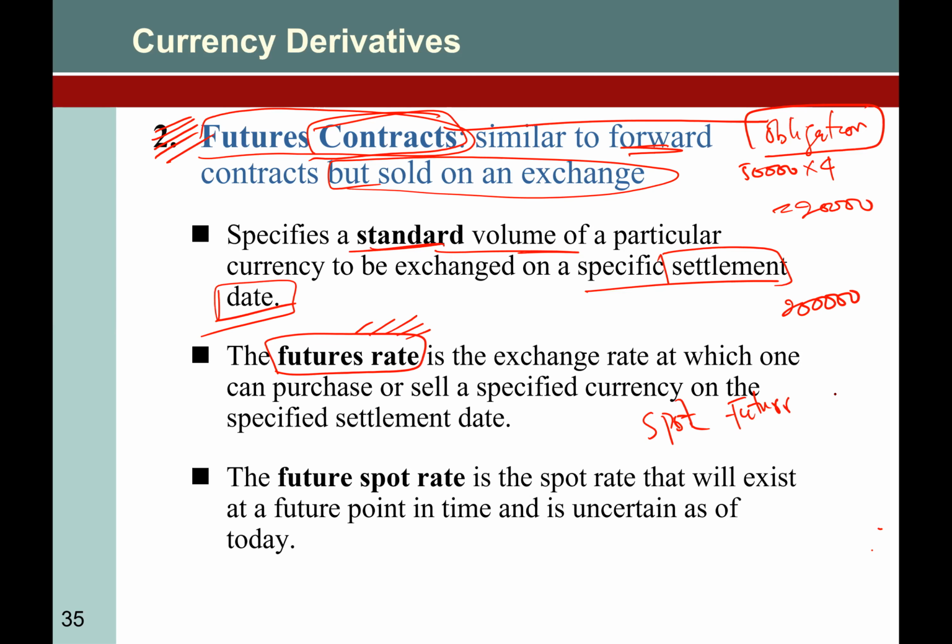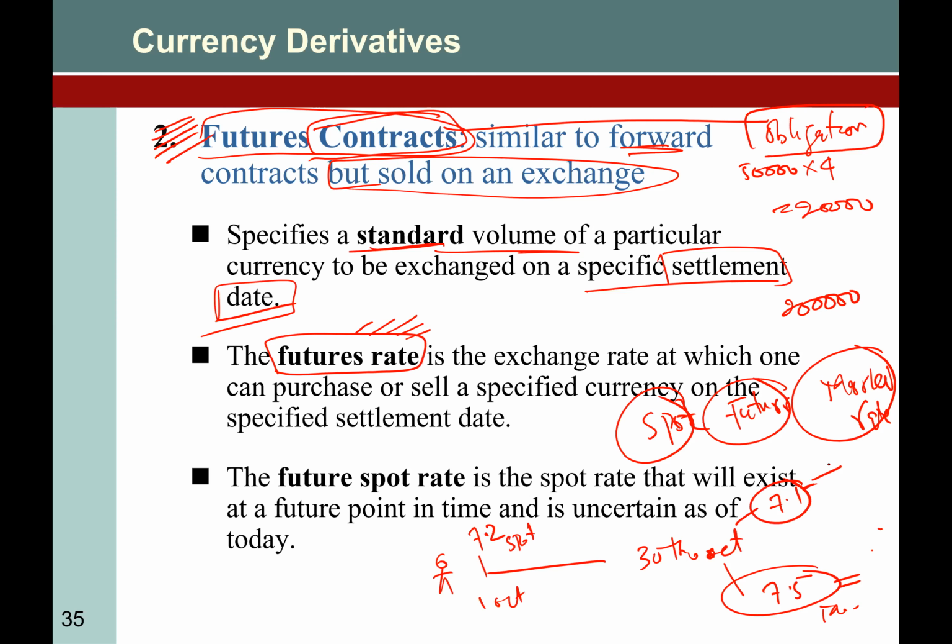You predicted that it would go down to 7.1, and the opposite happened. That is called the market rate. The rate at the time you enter into the contract is called the spot rate. And 7.1 is the contract rate, which is called the future rate or forward rate.